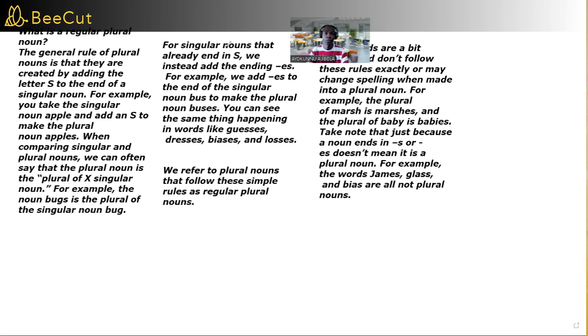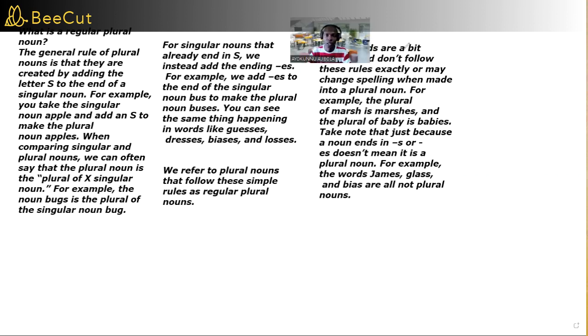For singular nouns that already end in s, instead of adding s, we add es. For example, we add es to bus, to get buses, and words that follow the same pattern like gases, dresses, biases, and losses. This is referred to as a regular plural noun.